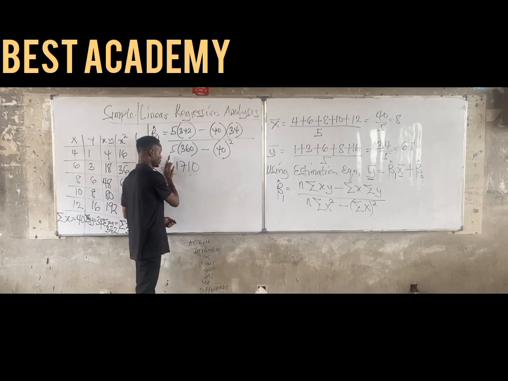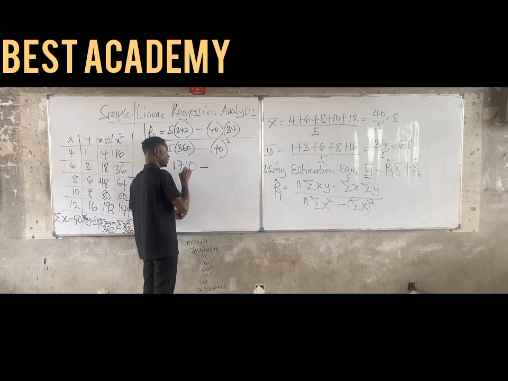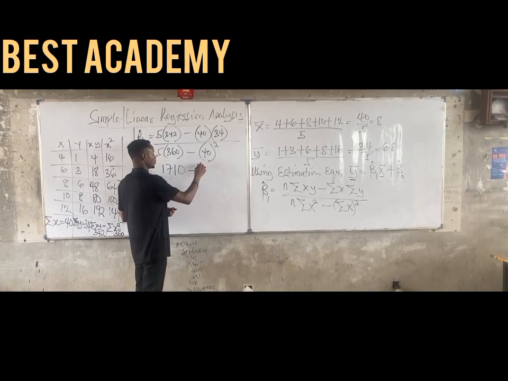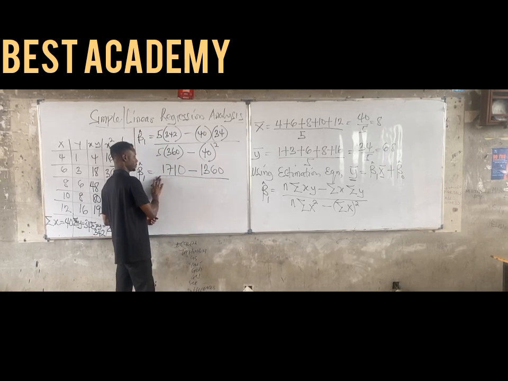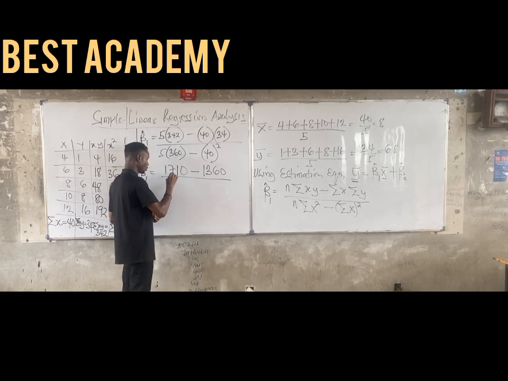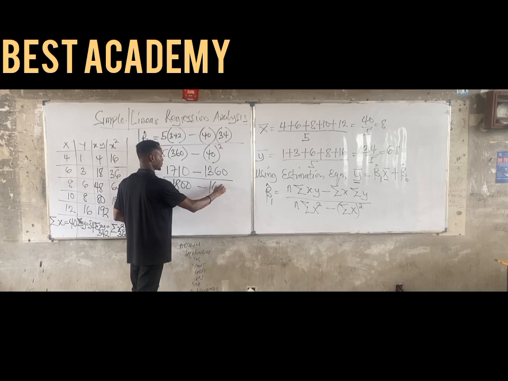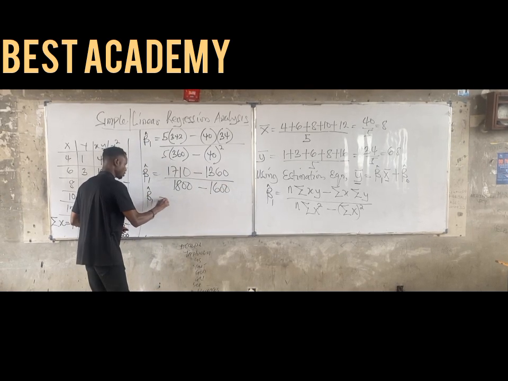Over, okay, minus 1710 minus 1360 like this, divided by this guy here. What is the answer here? Sorry, 1800 minus this will be 1600. Am I correct?